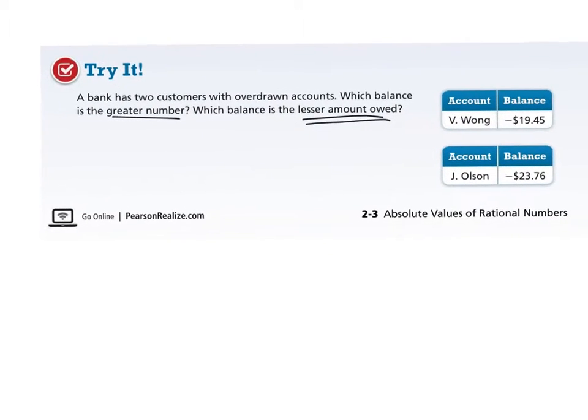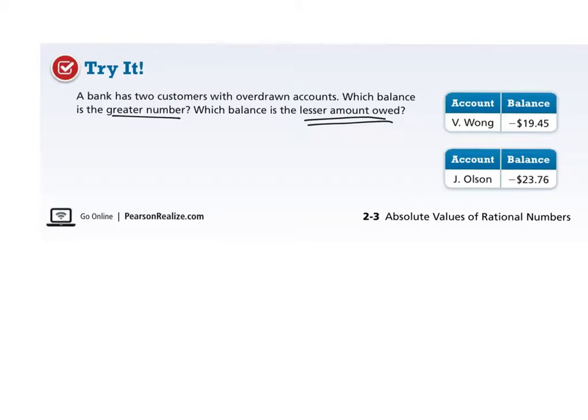So looking at these, thinking about where they would be on a number line. If it's further to the right, it's going to be the greater number. So if you want, we could put these on a number line just to get an idea where they're at.